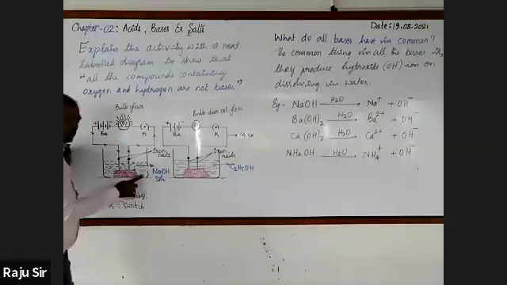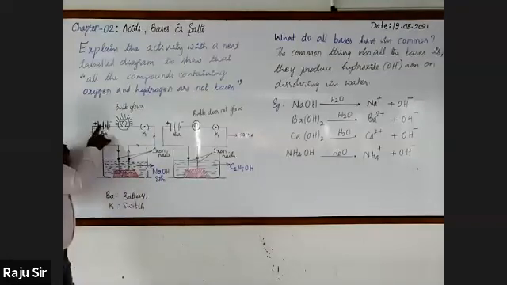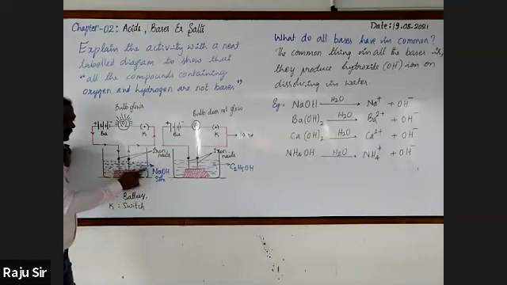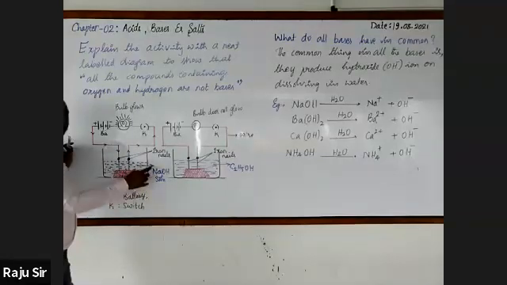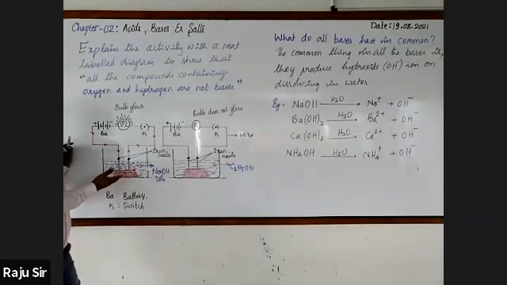Here NaOH solution is taken. When you switch on, immediately the bulb glows. It is because this solution allows the current to pass through it, as it produces the respective ions, sodium ion and hydroxide ion, which are responsible for conducting electricity.